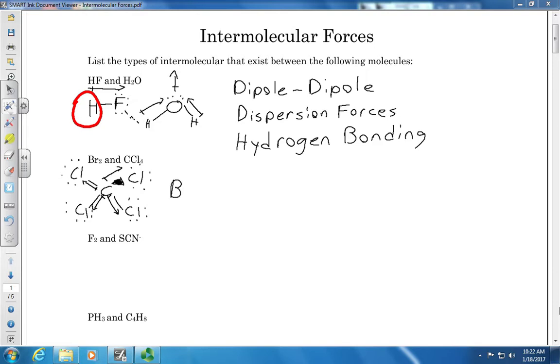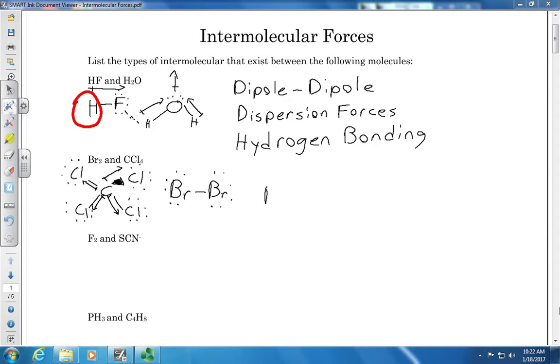Similarly, whenever you have a diatomic molecule, you have bromine attached to bromine, and they each have 3 lone pairs because they're halogens. This is a nonpolar molecule in its very basic sense. There's no resultant dipole because they have the same electronegativity. In fact, there's no dipole at all for all intents and purposes.